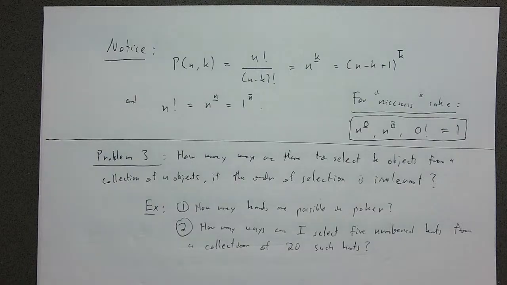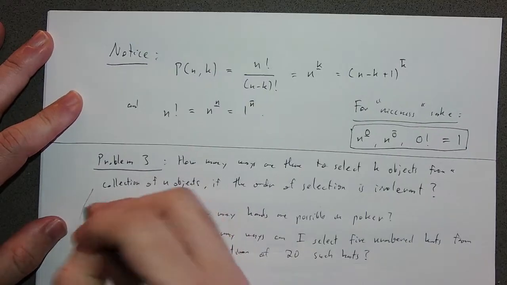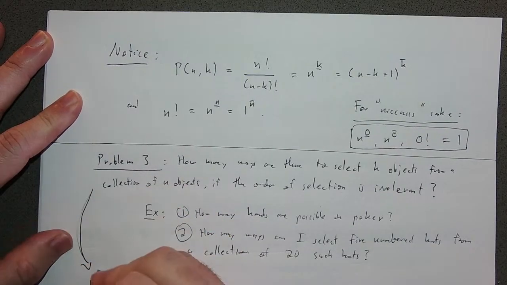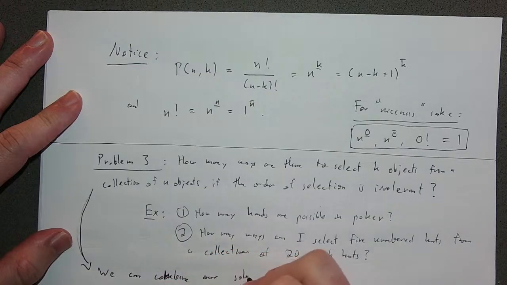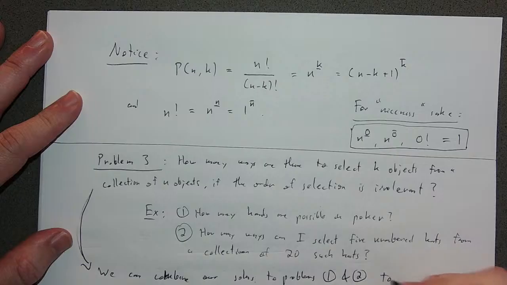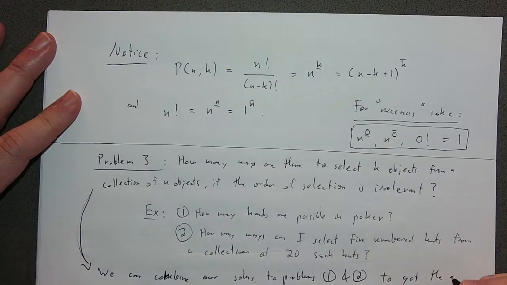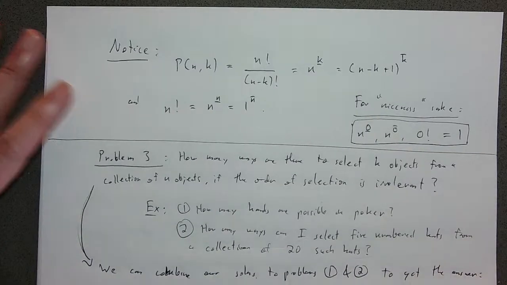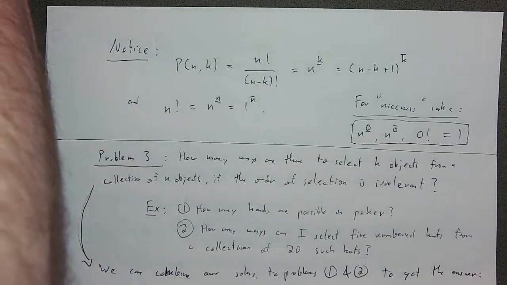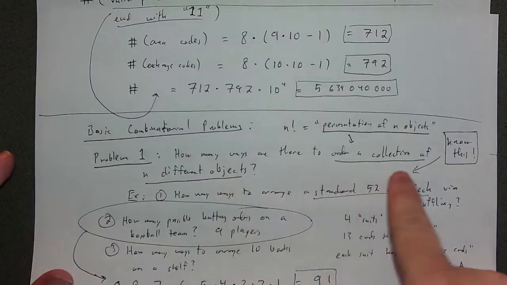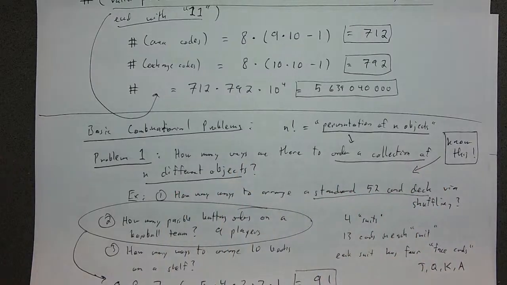So actually, we can solve this using both problems 1 and 2. We can combine our solutions to problems 1 and 2 to get the answer. In problem 1, we asked how many ways are there to order a collection of n different objects.